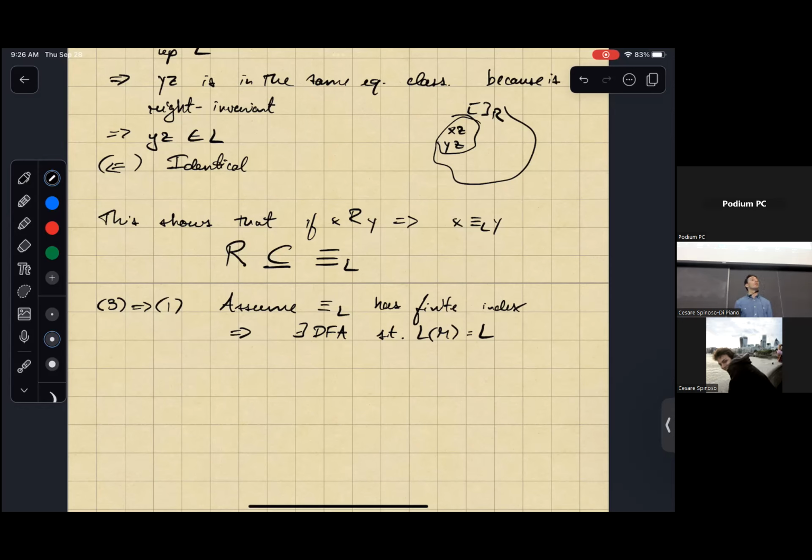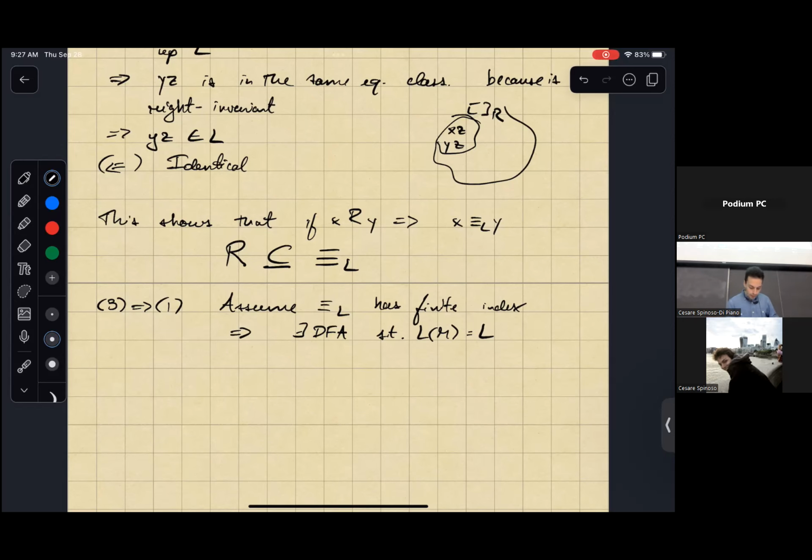So in this last trick, I'm going to use a trick from Tuesday's lecture: I take equivalence classes and make those equivalence classes states of my machine. That turns out to create a machine M which accepts the language L. I'll prove that in a second.